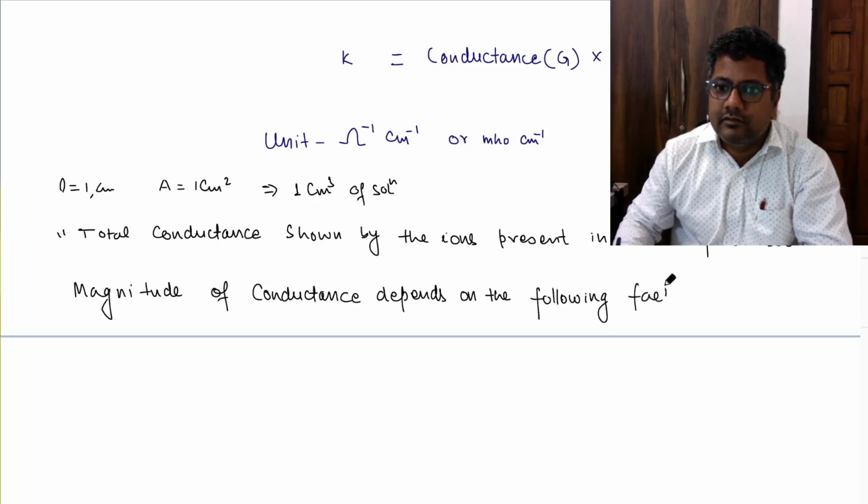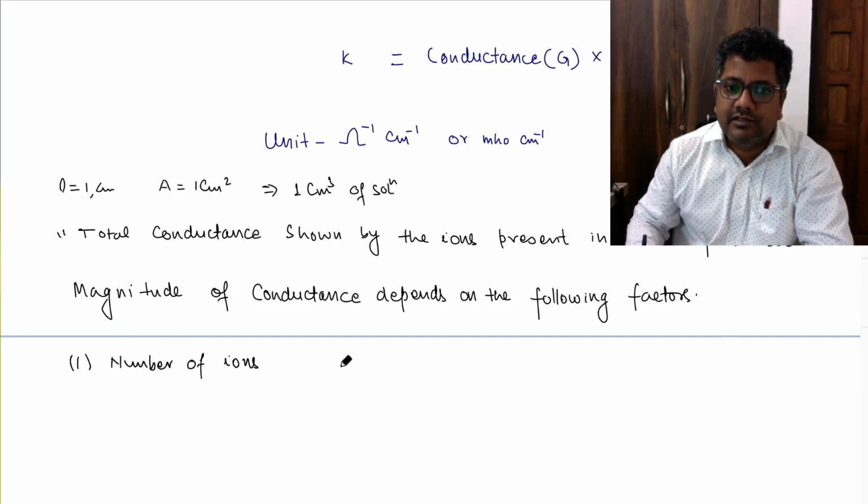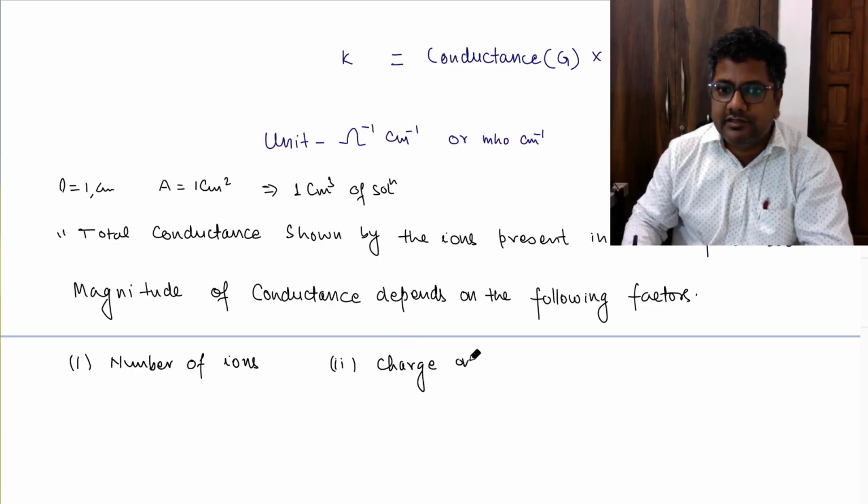Number one, number of ions. Number two, charge on respective ions.